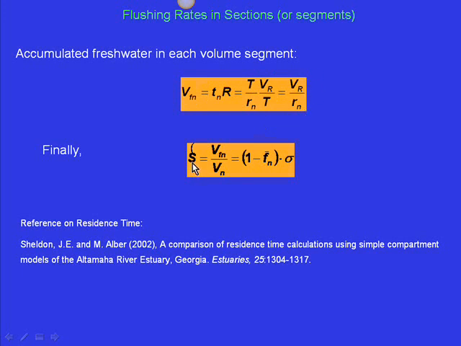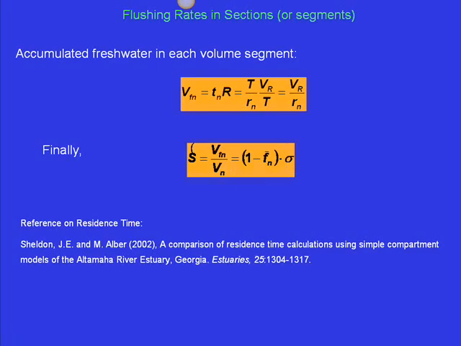And finally, the average salinity equals the volume of fresh water accumulated divided by the volume of each segment, which is the same as 1 minus the fresh water fraction at each segment multiplied times the salinity of the ocean.